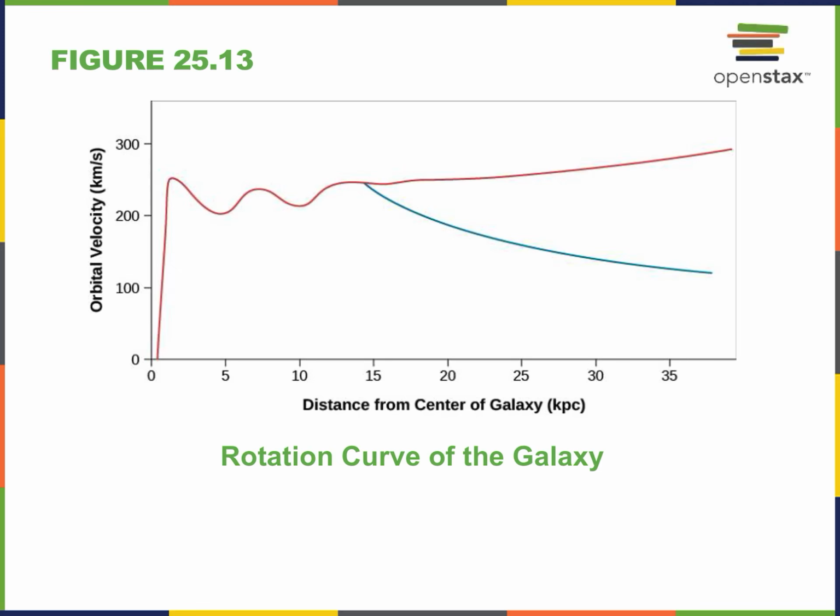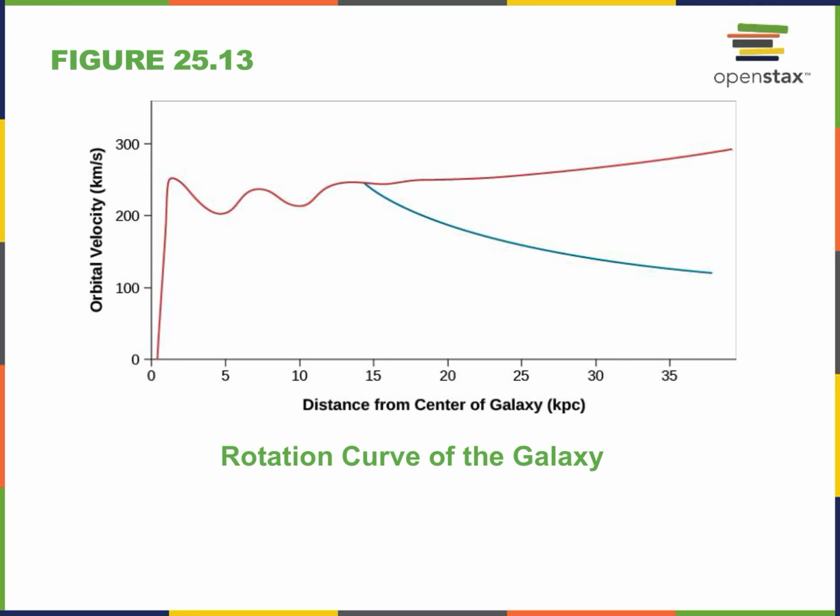That's a prediction. Once we're twice as far out from the center of the galaxy as the sun is, you would expect the speeds to start going down. The actual curve is shown in red. Objects in the outer disk, 3, 4, 5 times as far out as we are, so 16, 24, 32 kiloparsecs away from the center, are moving just as fast as those in the inner parts, if not faster.